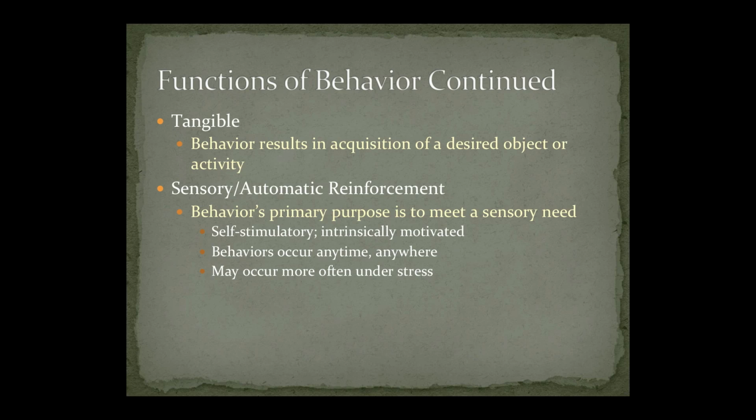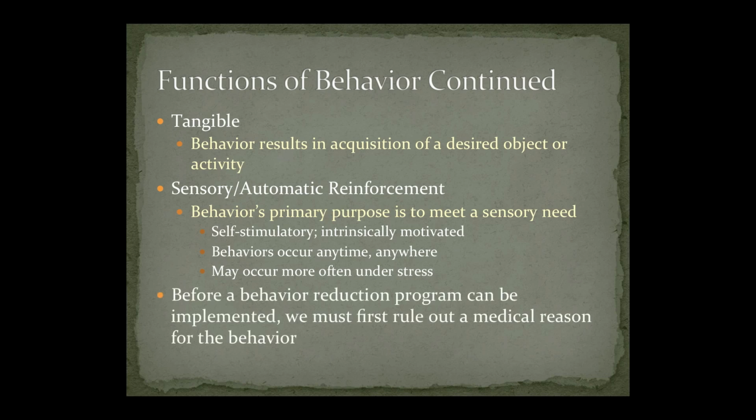Behaviors occur anytime, anywhere. In fact, the client has access to this self-stimulatory behavior 24 hours a day. May occur more often under stress. Before a behavior reduction program can be implemented, we must first rule out a medical reason for the behavior.